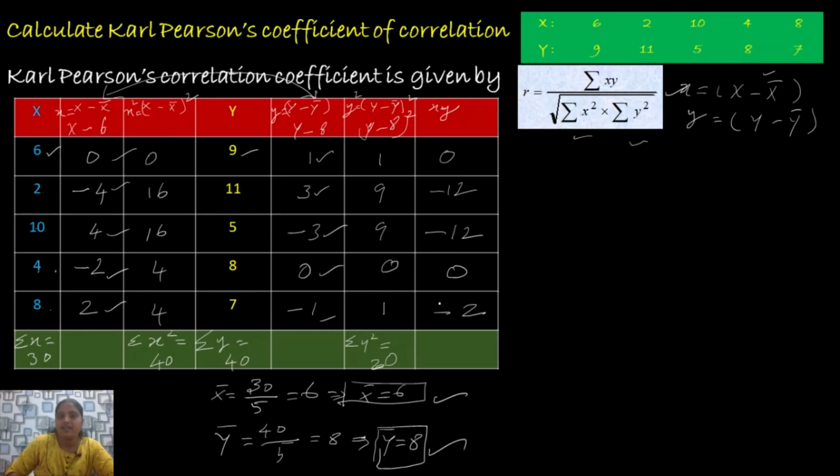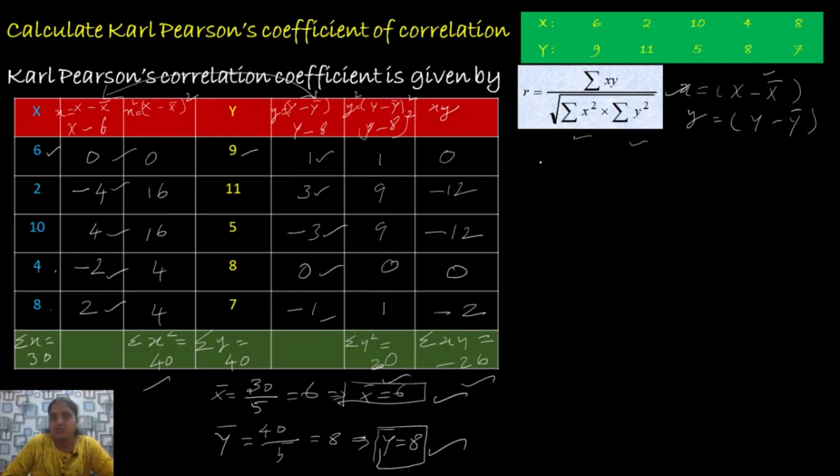By adding all these values we get sigma xy, that is equal to minus 12, minus 12, that is minus 24, minus 2, minus 26, that is negative 26. We get the sigma xy value. Now we have all the values for sigma x square, sigma y square and sigma xy.